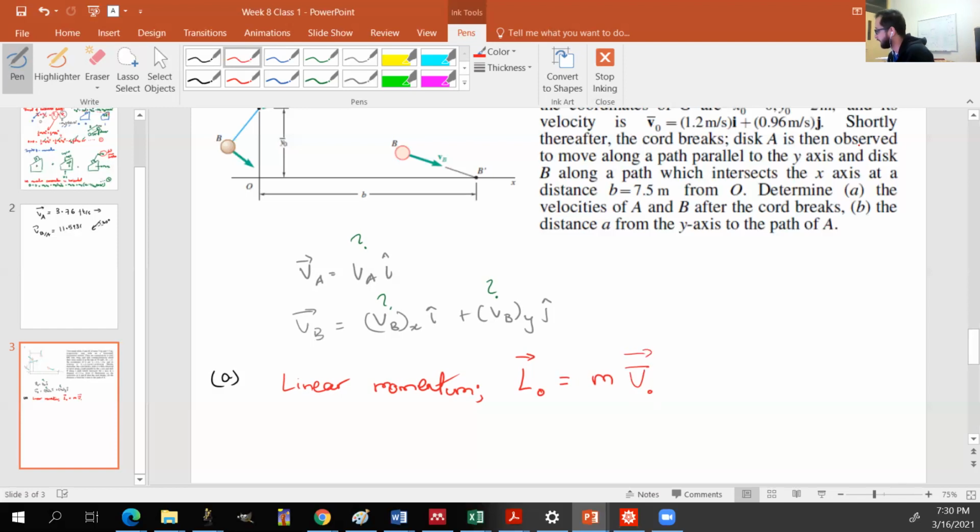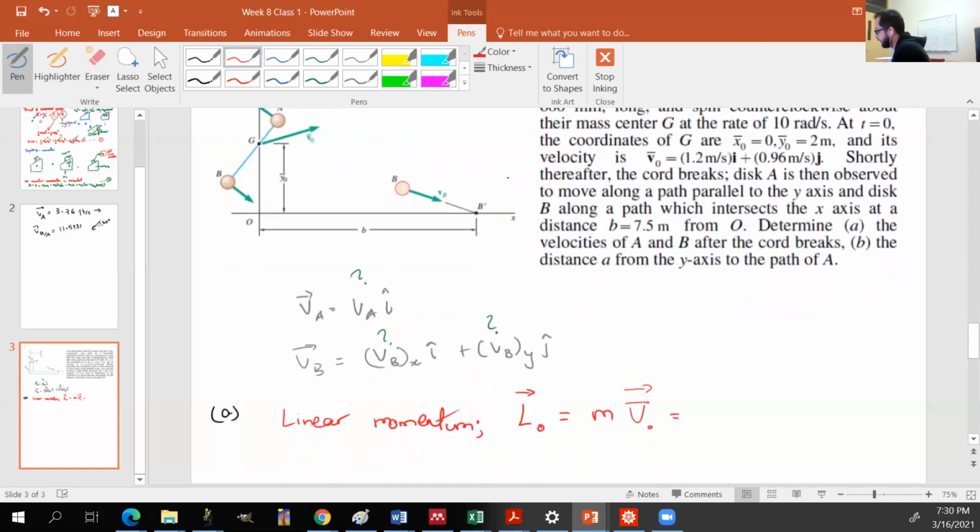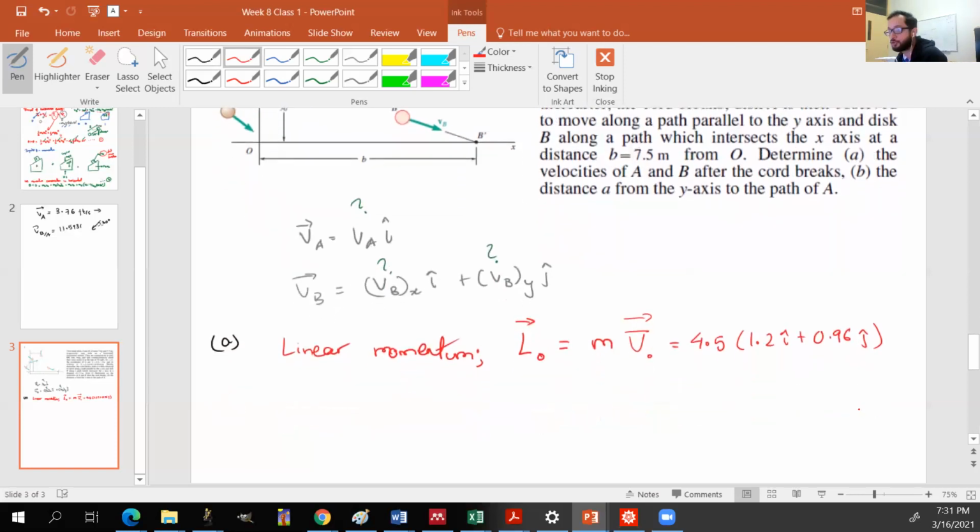So it's basically this quantity over here, equal to the total mass of the system, 3 plus 1.5, so you get 4.5 kilograms times 1.2 i hat plus 0.96 j hat. So this is your initial linear momentum of the system.